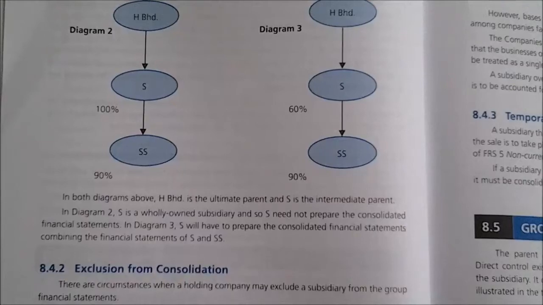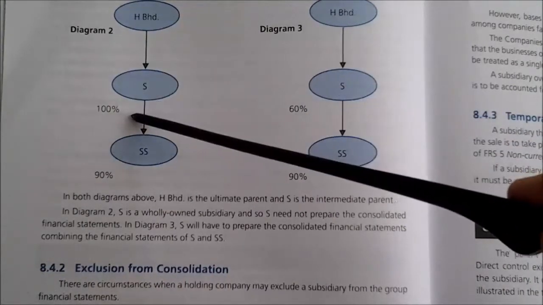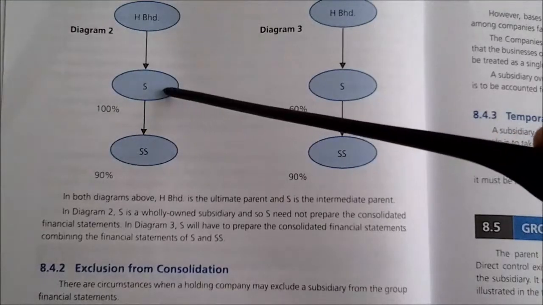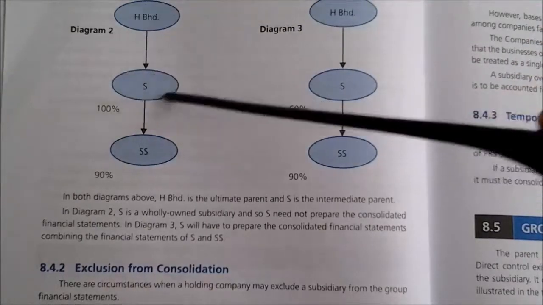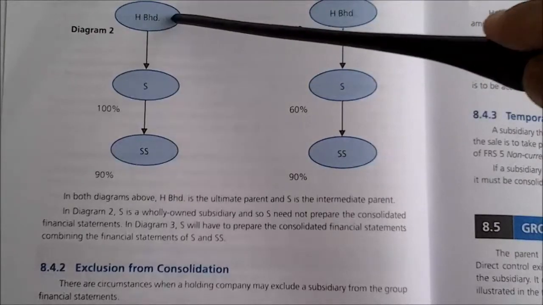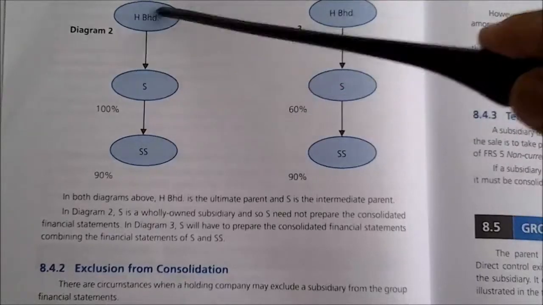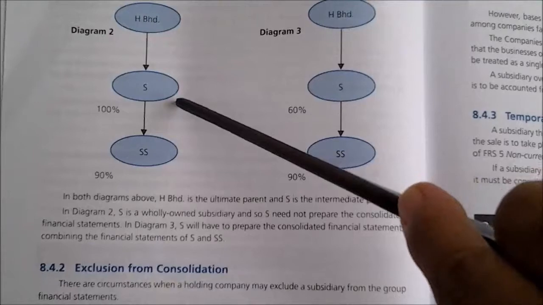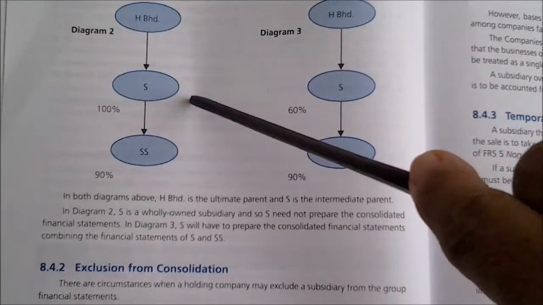But in this case, H holds 100% of S, therefore S is a wholly owned subsidiary of H. So S accounts will be already included in H. So in this case, S need not do the CFS.